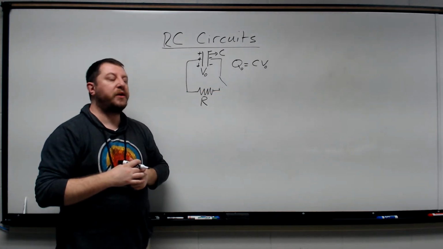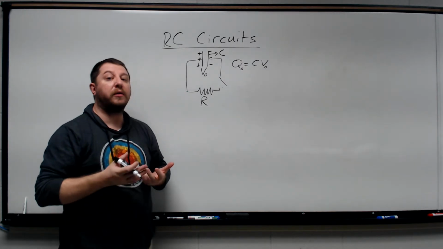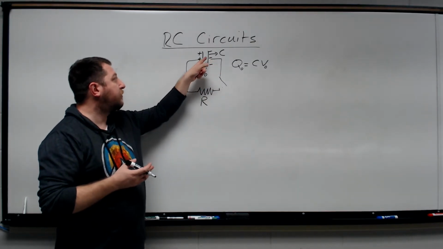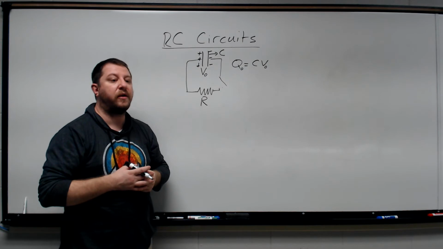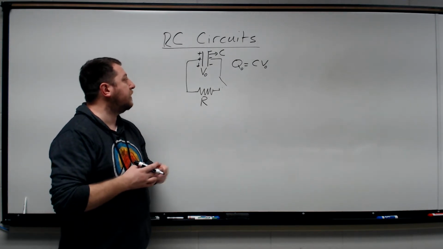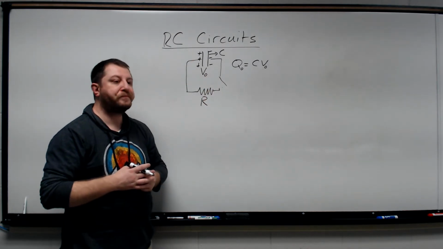When you close the switch, qualitatively, current will start to flow. There will then be a complete path for the negative charges to move off of the negative plate, through the resistor, and onto the positive plate.